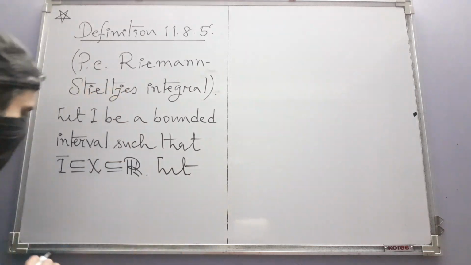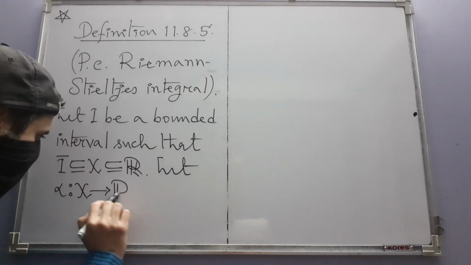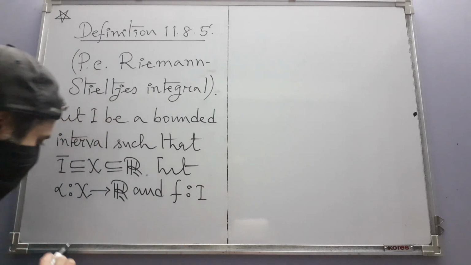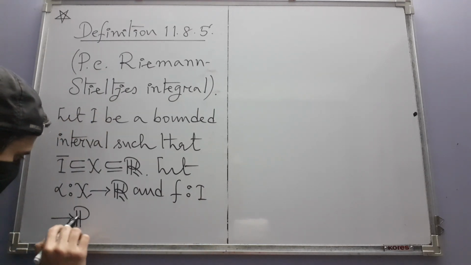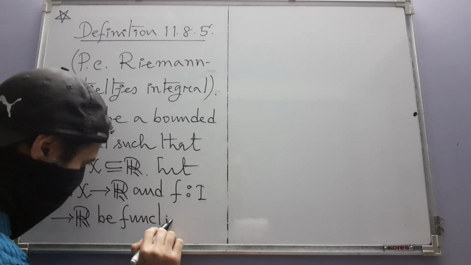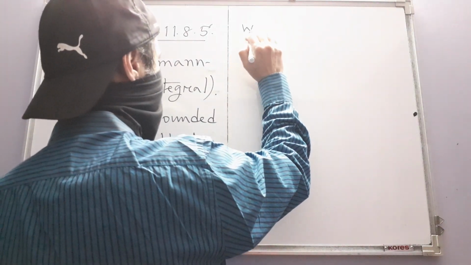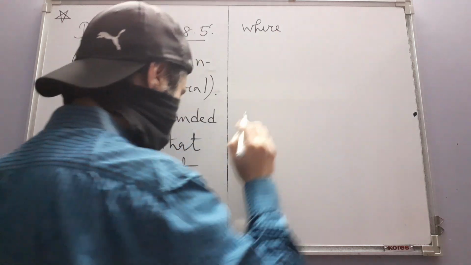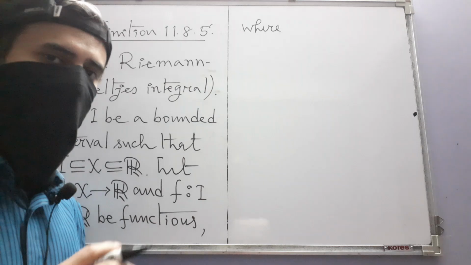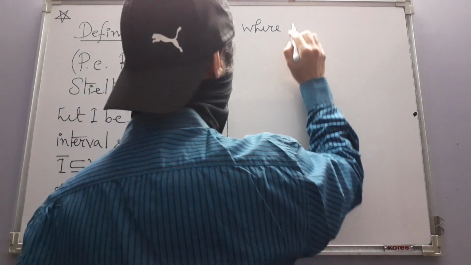Let alpha from X to R and F from I to R be functions, where we now need F to be piecewise constant, and a function is always piecewise constant on a bounded interval with respect to some partition, so we will have to consider a partition also.